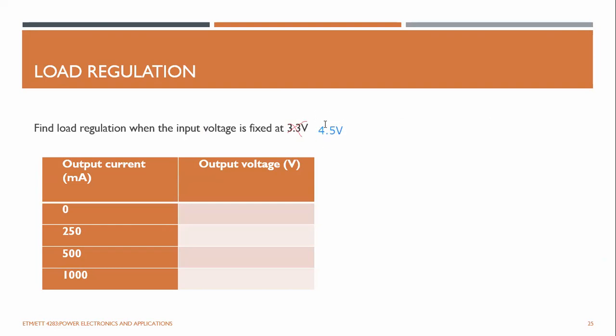By keeping the supply voltage at 5 volts, change the output current and find the output voltage and then plot the V out and I out. So you can find this from the slope, you can find this line regulation.